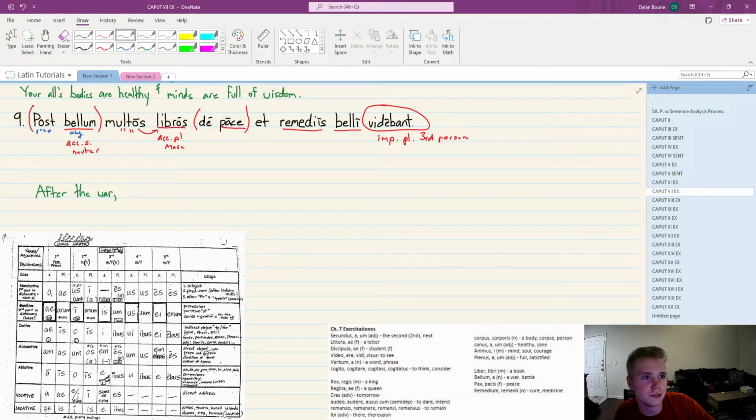Again, we have a preposition here with de. We have the object. De is one which takes ablative. So we have the object here. So our preposition and our object of the preposition. So is this an ablative? Does that check out? Well, pace comes from pax, which means peace. So that is a third declension noun from this chapter.